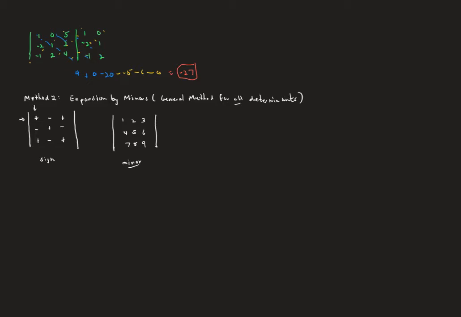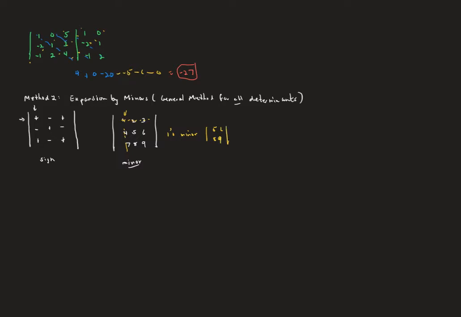The minor of a particular position is what you get when you delete the row and column that it's in, and you take the determinant of one order less. So if we delete the row and the column that 1 is in, then the minor associated with that row 1, column 1 position is going to be a 2 by 2 that goes 5, 6, 8, 9.